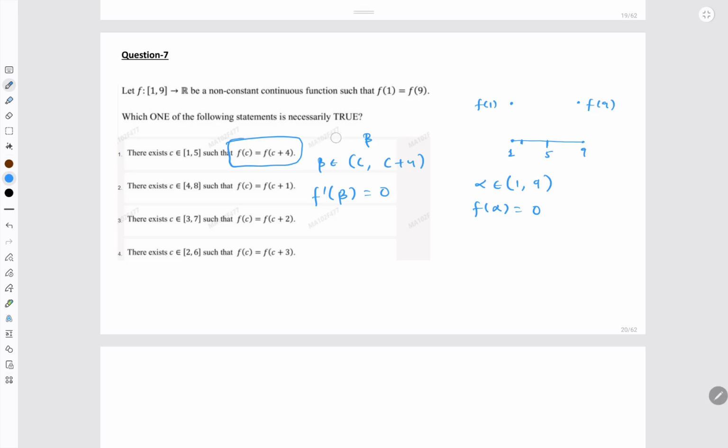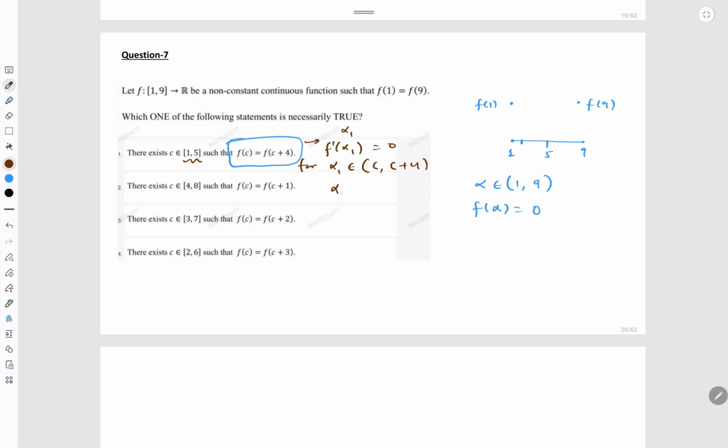So if I translate all of these options, it is very simple, guys, to see. If I translate these options, it is saying we'll find a number. Let us use alpha notation only. If I find a number alpha 1 such that f dash of alpha 1 will be 0 for alpha 1 belongs to c to c plus 4, but c is in 1 comma 5, right?